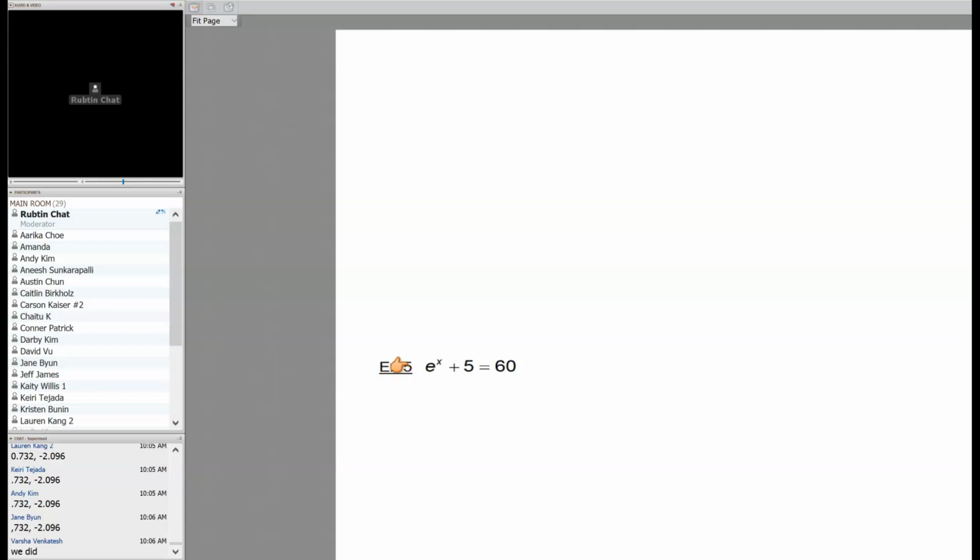And I know you guys have learned it a couple of different ways, but as a nod to higher math, which is where most of you are going, we're going to keep with what you are going to see from now on. So, by that I mean, just like any equation, just ignore the e to the x, who cares? This is going to be e to the x equals 55.